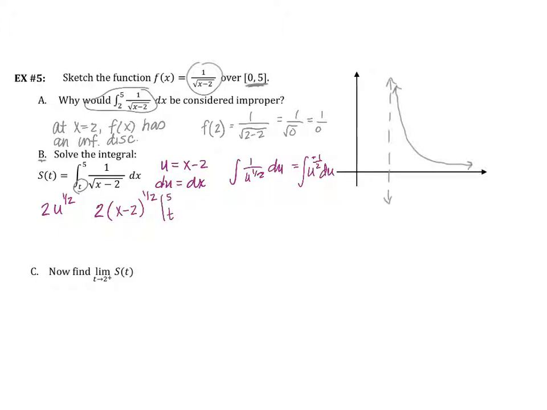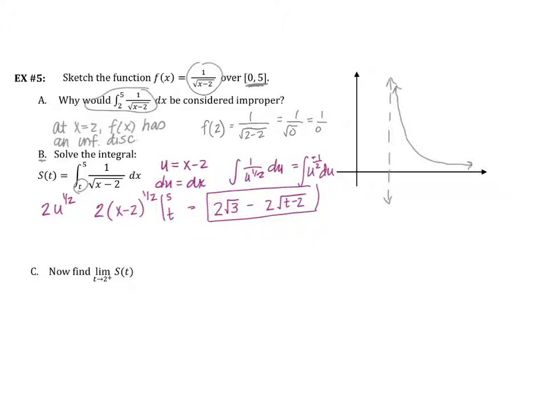And so here we're going to end up with 2 times 5 minus 2, so the square root of 3, minus 2 times the square root of t minus 2. And so here, again, that's about as far as we can go. That's going to be our area value.